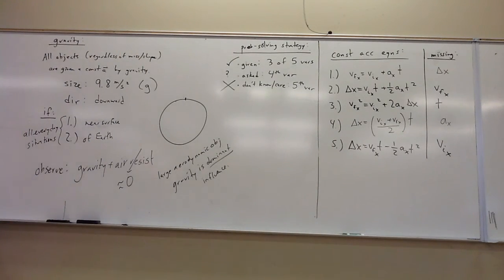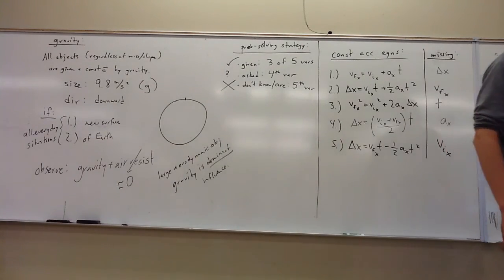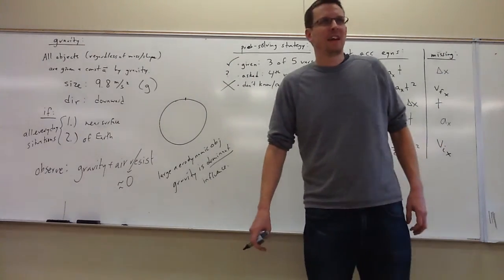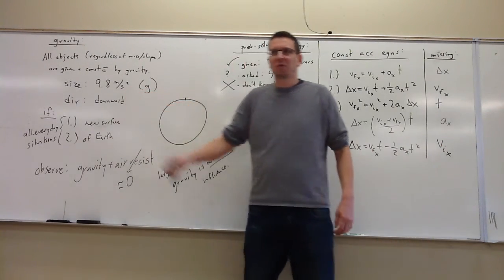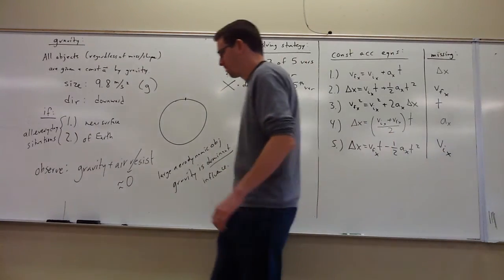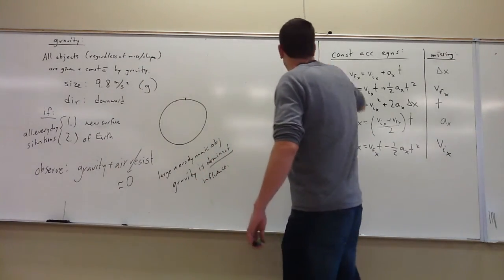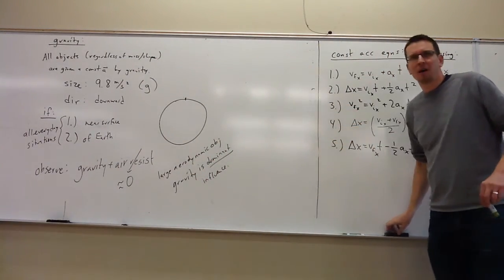So it's not that air resistance isn't there for bigger objects, but gravity plays a larger or dominant role in how they behave, and so what we can do is pretend that this is reasonably accurate even for them, even though these objects are not in a vacuum. Okay, so let's take a look at how we might encode all this stuff into a problem.